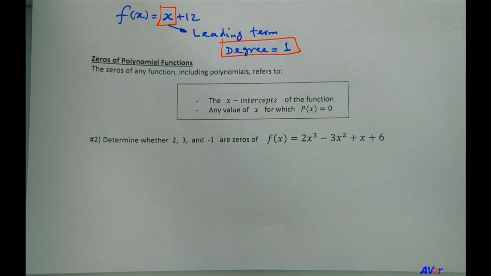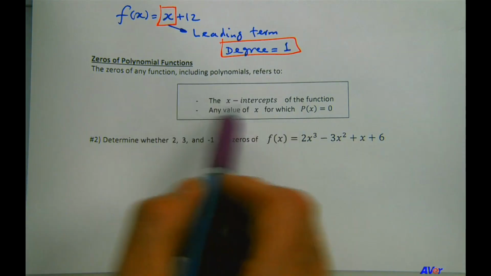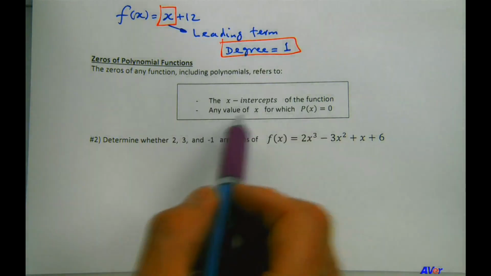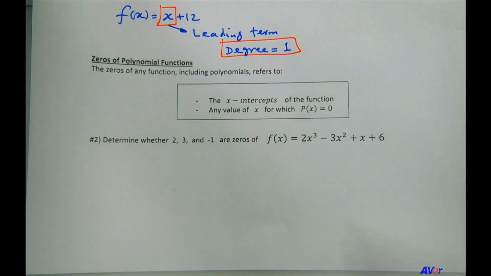And zeros of a function, including polynomials, is any x value that would make the function equal to 0. Okay? So we've looked at that before. And here it mentions it again, the x-intercepts of the function, any value of x for which polynomial p of x equals 0. It's the same thing.